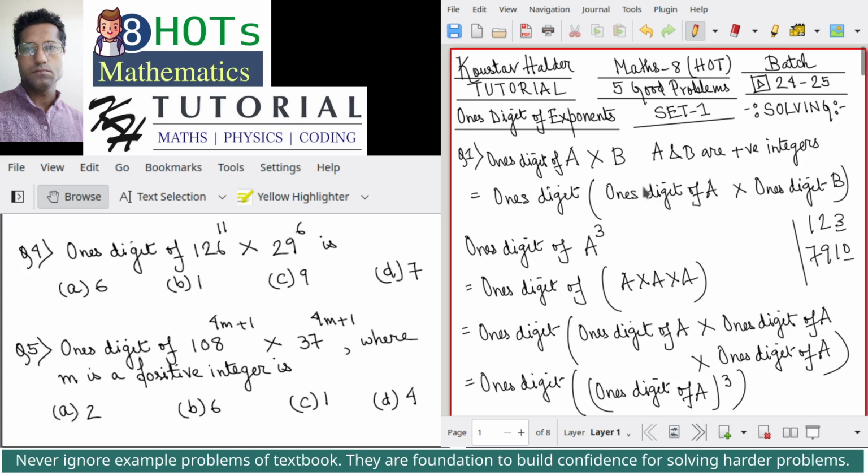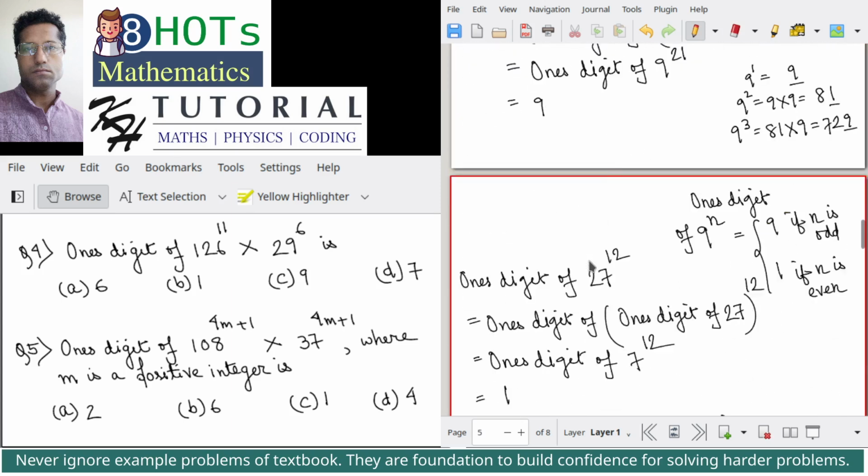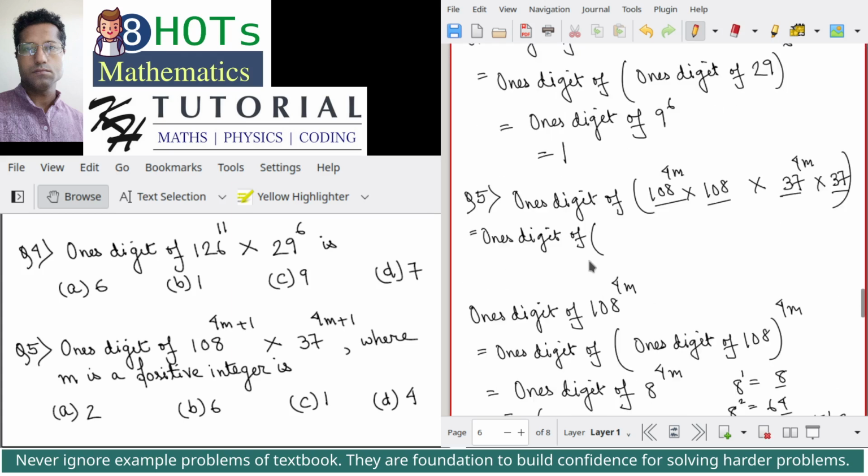This can be extended for more than two numbers. So if it was a multiplied by b multiplied by c, then the answer would be the ones digit of the ones digit of a multiplied by the ones digit of b multiplied by the ones digit of c.